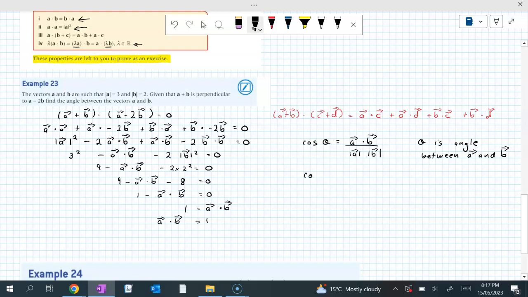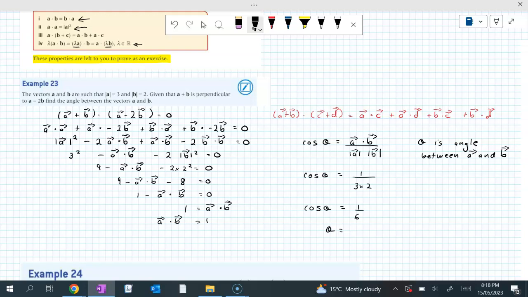So then cos theta is 1 on 3 times 2, which is 1 on 6. So theta is equal to, well, it'll just be the cos inverse of 1 on 6, and depending on whether our calculator is set in radians or degrees will depend on the answer we get.